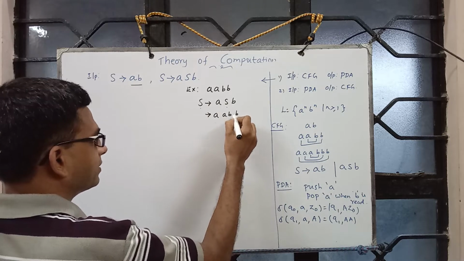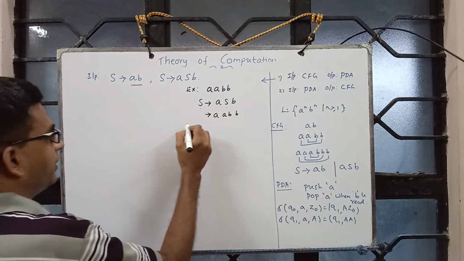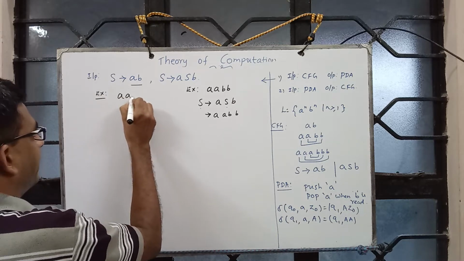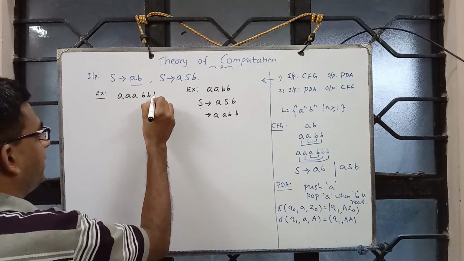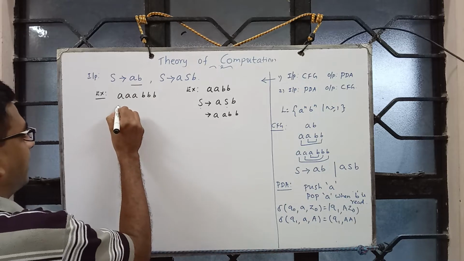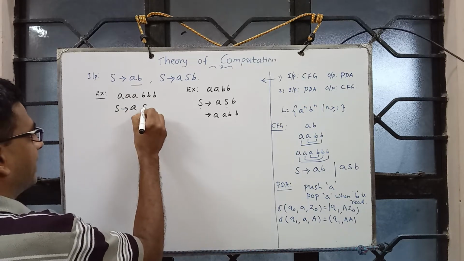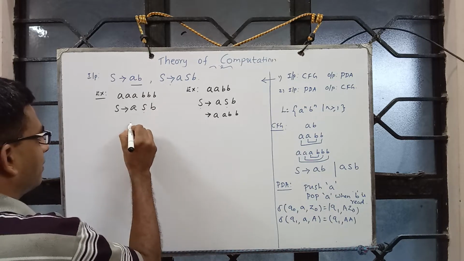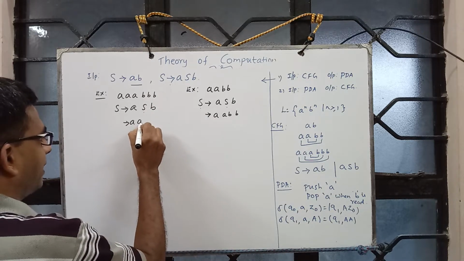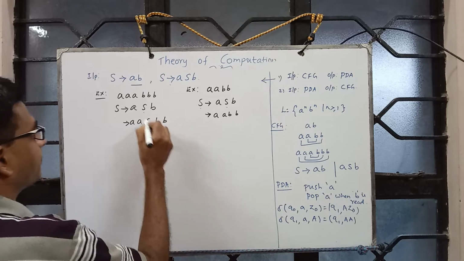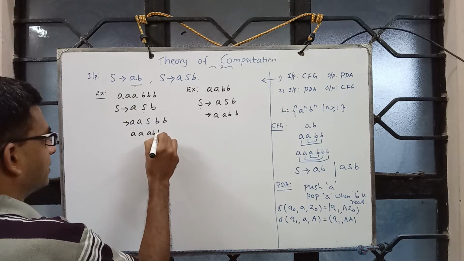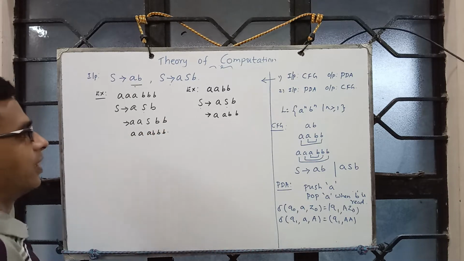If the input string is AAABBB, then S implies ASB, use this rule again, this becomes AASBB, then take this, and then we get this.